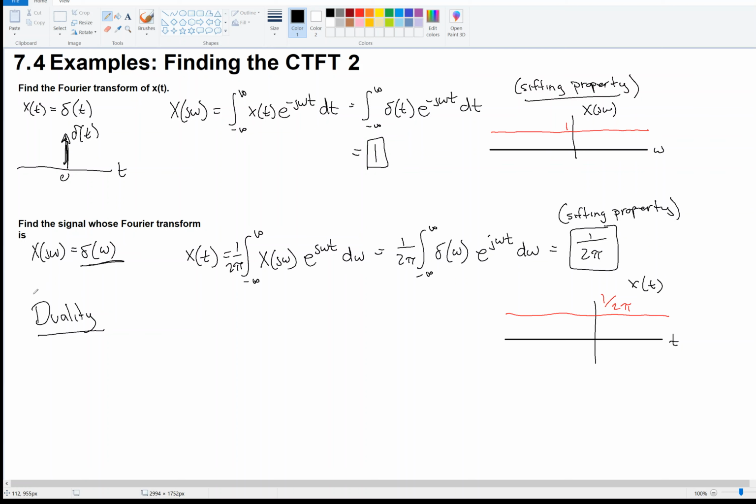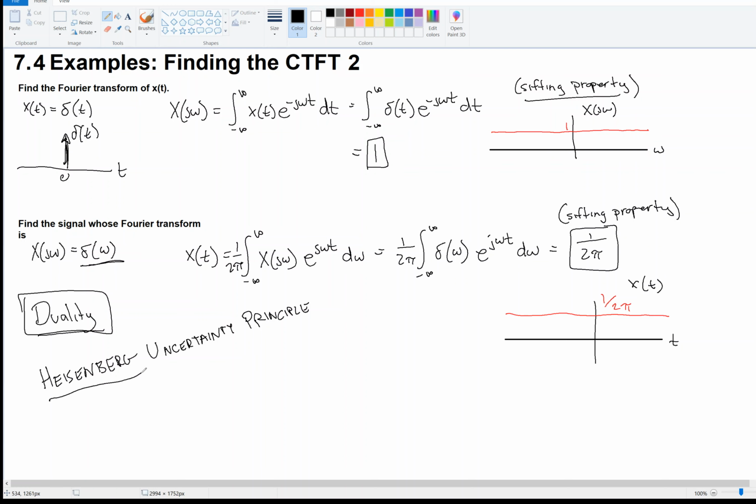That's this duality property of the Fourier transform, which you will see time and time again working with these Fourier transforms. The second is what's called the Heisenberg uncertainty principle.